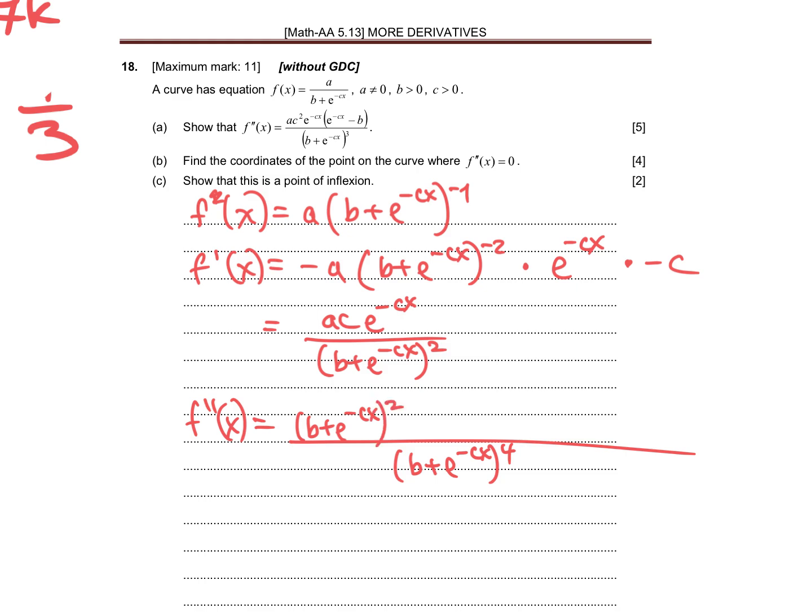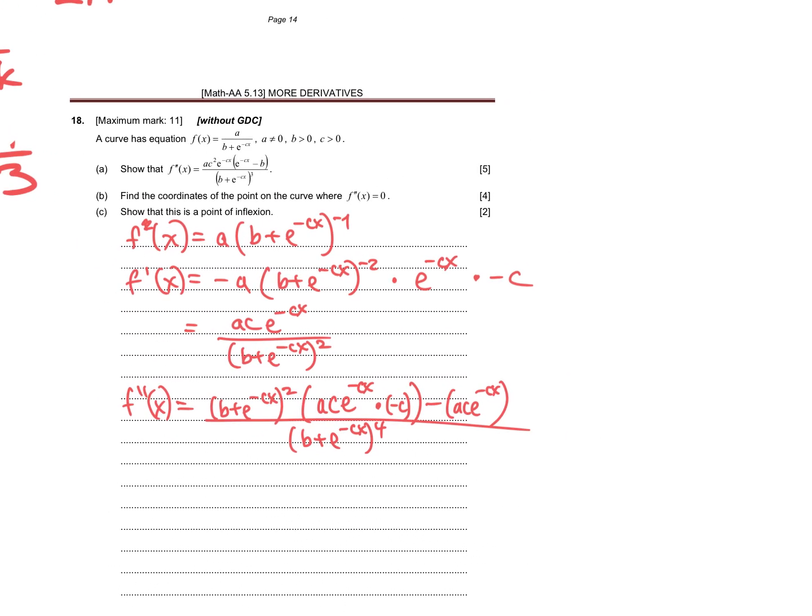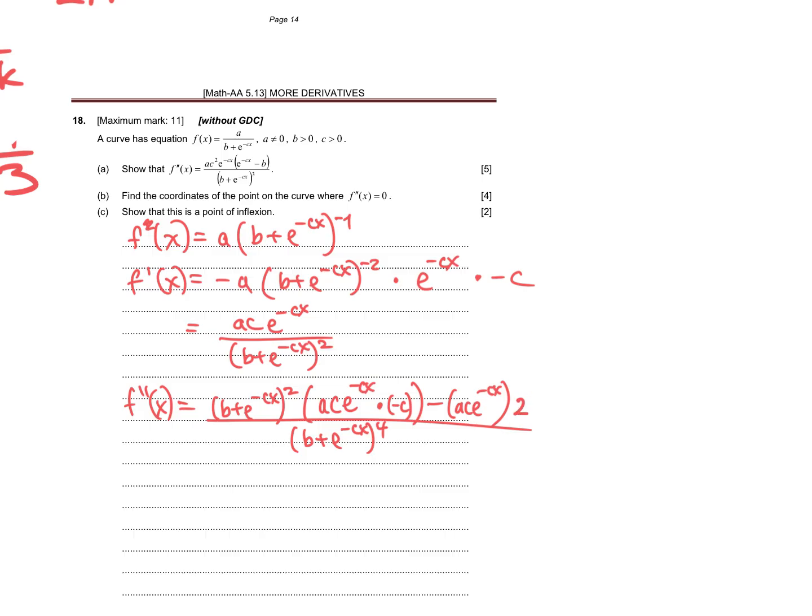So v times the derivative of u, which is a c e to the negative cx times negative c, minus u times the derivative of v, which is 2 b plus e to the negative cx to the 1 times e to the negative cx times negative c.